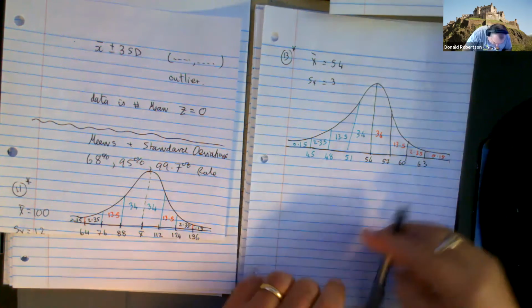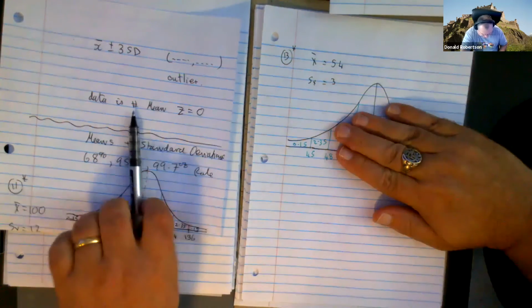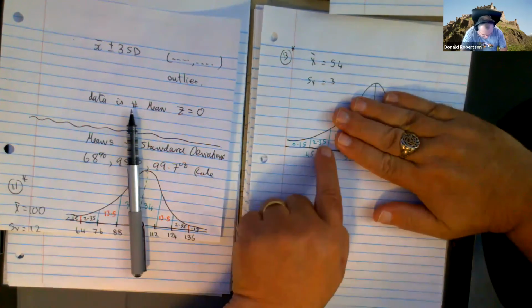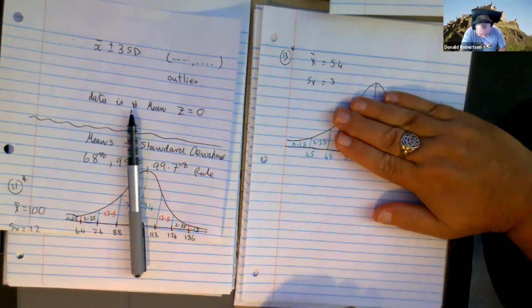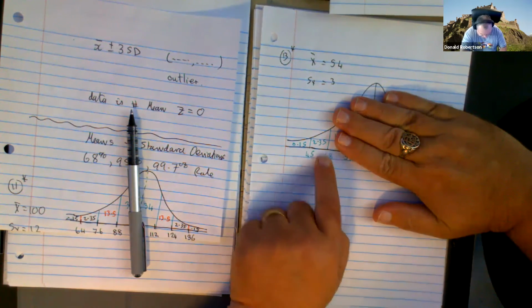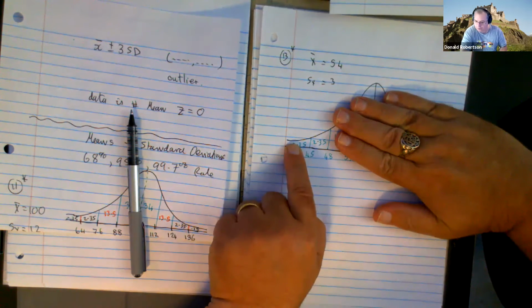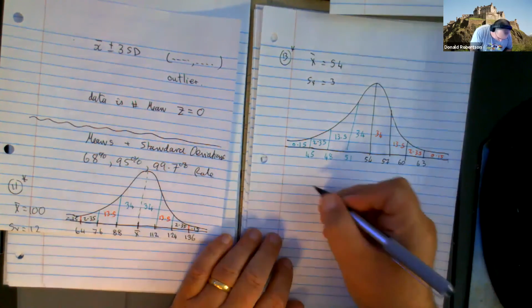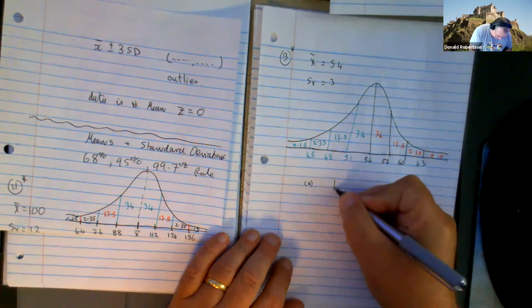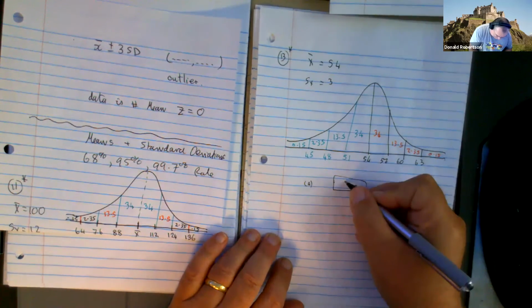And the answer I'm going to pick is 48. Can you see these two guys add up to 2.5%? And if you have a head size of 48, only 2.5% have a smaller head size. So my answer to question A would be 48.